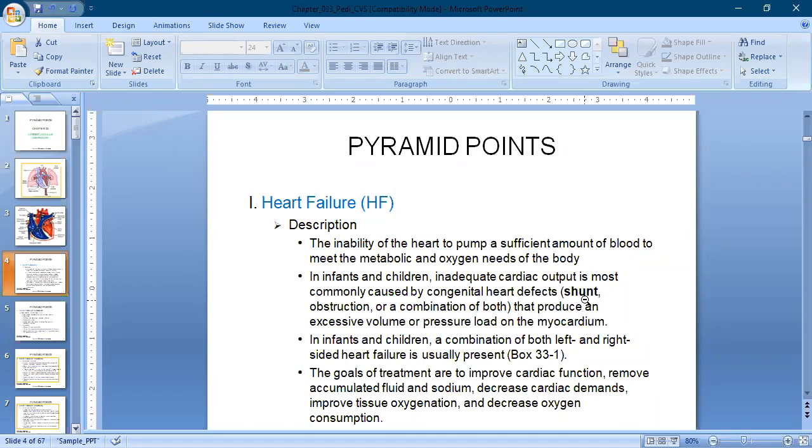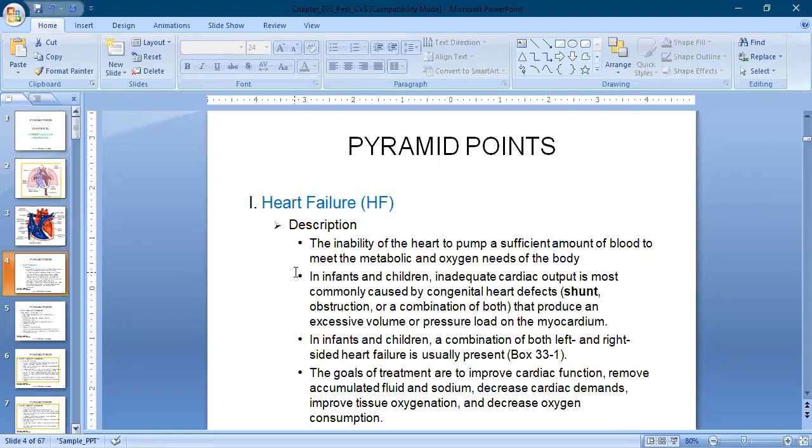When tissue demand for oxygen increases, they send a signal to the brain, which sends feedback to the heart, and the heart works more. When the heart tries to work more, it is overloaded, but it does not pump enough oxygen. Finally, the heart fails. So heart failure, congenital heart disease, one of the problems is shunt.